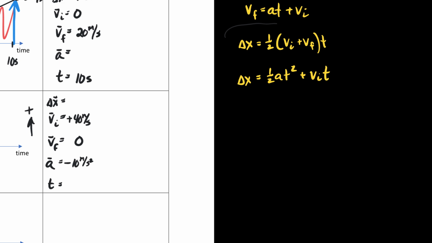It doesn't have displacement in it, and I wasn't given displacement. So I could probably use it to tell me the time. V final is 0 equals negative 10t plus 40. So t equals 4 seconds. All good?